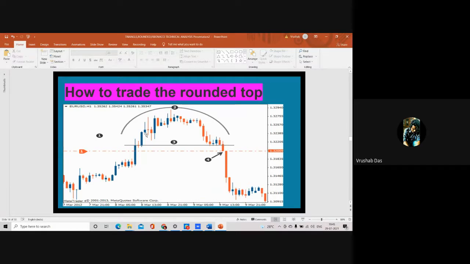So these are the indicators, and more indicators you have to think about, not just with the rounded top pattern, but also the Fibonacci extension level, at what price, at what percentage point it may go. RSI movement you also have to see, and MACD, moving average convergence divergence, and exponential moving average.